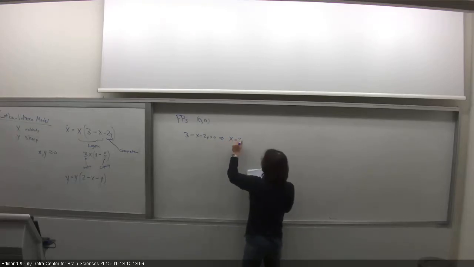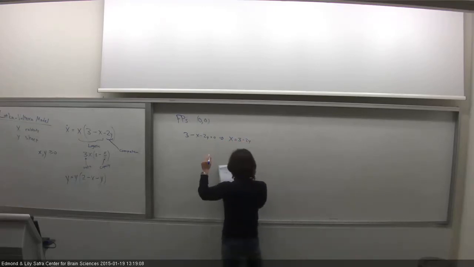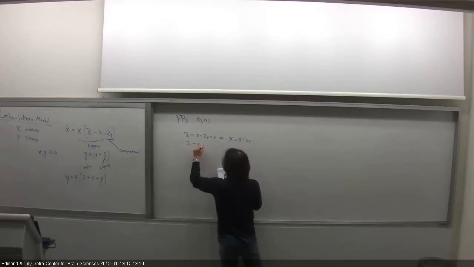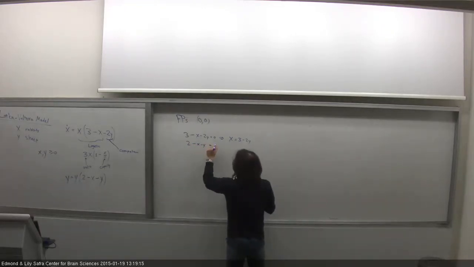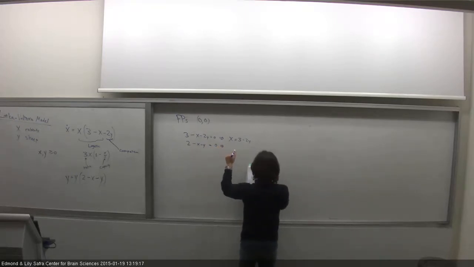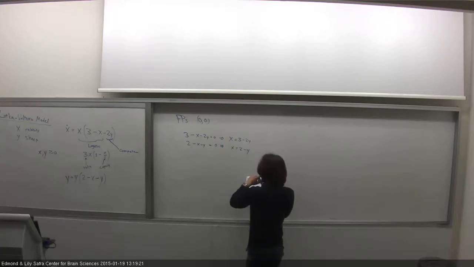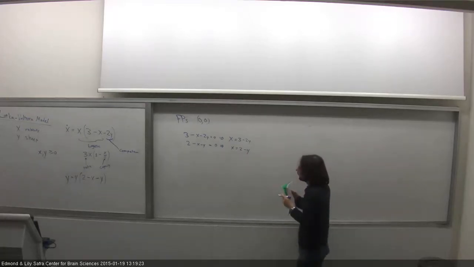So we get this condition. And 2 minus x minus y, this is for the other equation, equals 0. Then we get x equals 2 minus y.